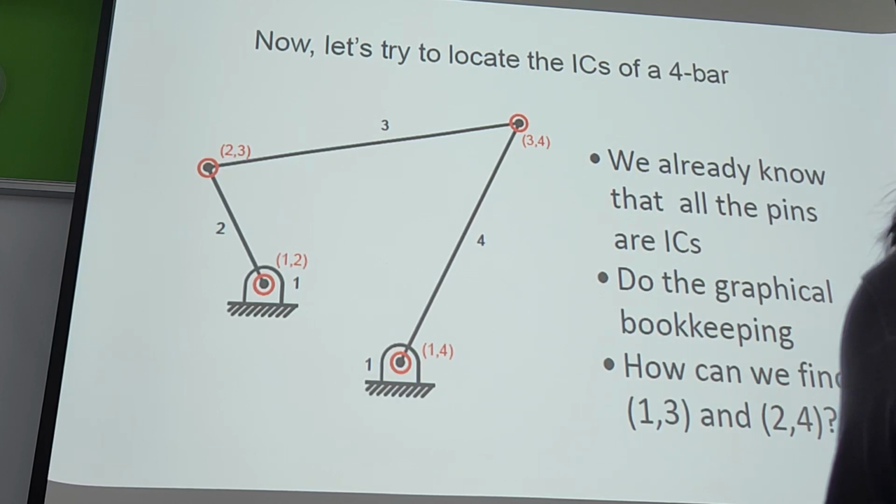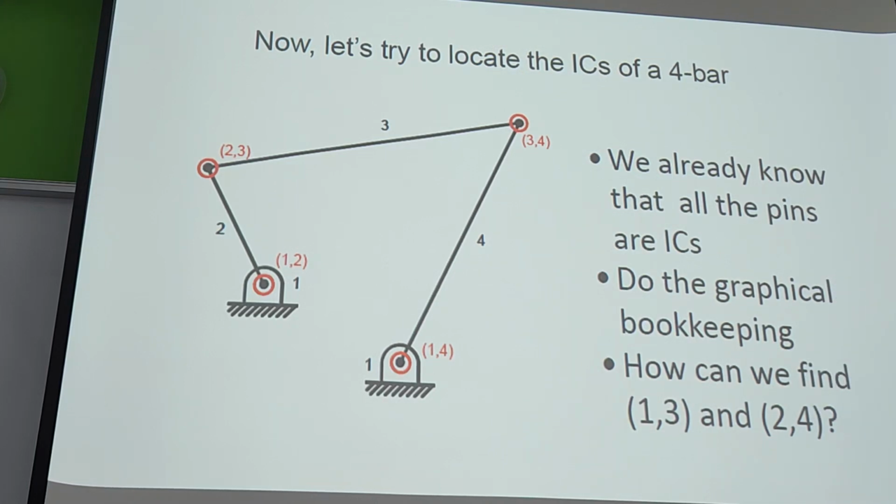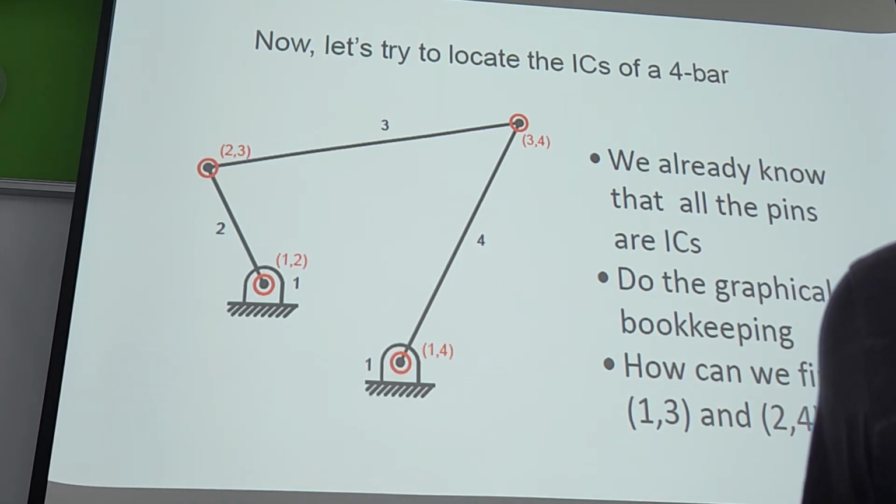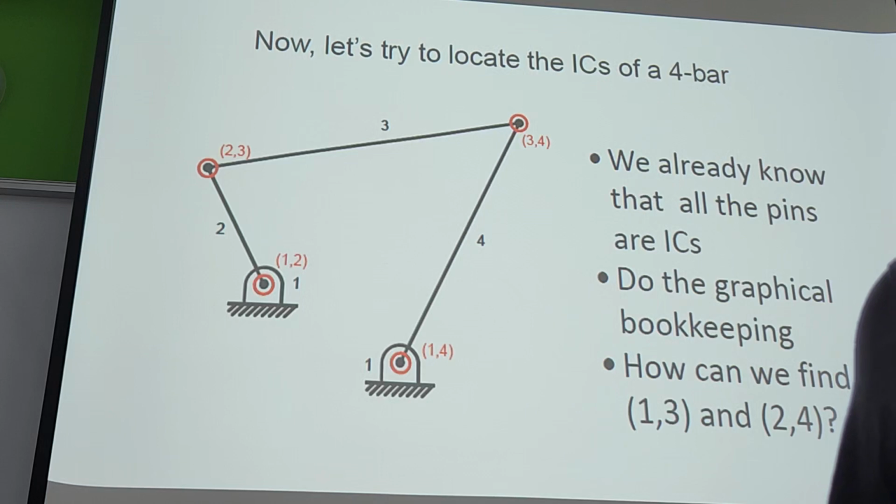Alright, now let us look into this IC method. We know Kennedy's theorem, right? Three links in plane motion have three ICs all on the same line. Now all the pin joints on the mechanism will be ICs, so you can locate the ICs on a given mechanism by identifying the joints.